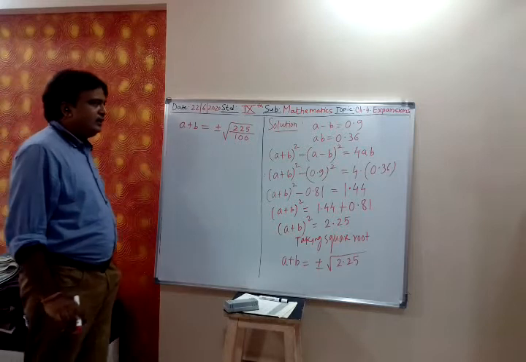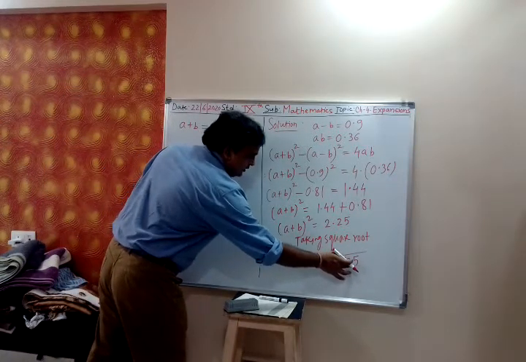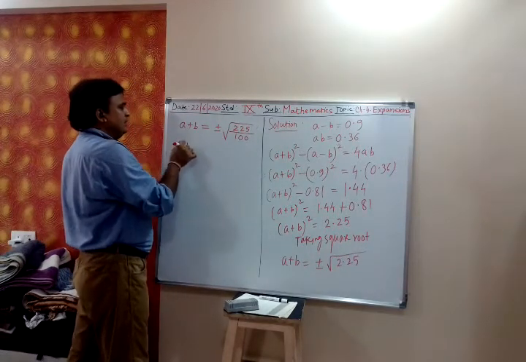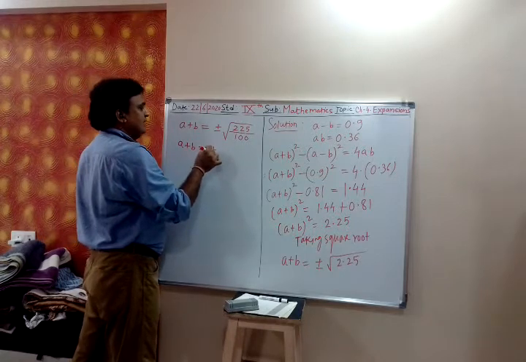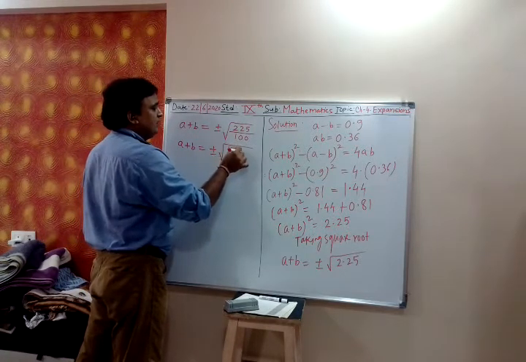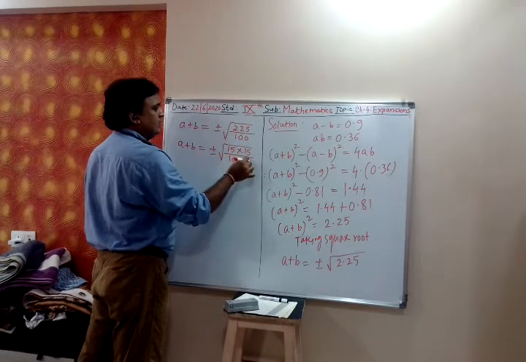225 I can write as 2.25, since after the decimal there are 2 digits, so this I can write as 225 upon 100. So a plus b is plus minus root of 225 upon 100. 225 I can write as 15 into 15 and 100 as 10 into 10.